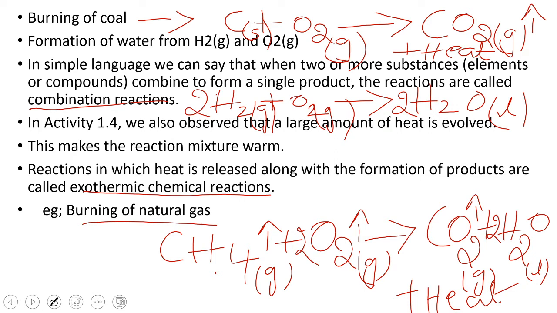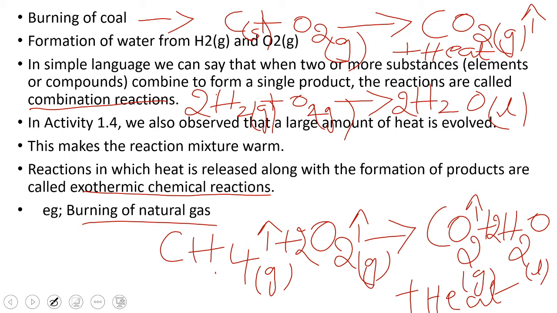So all combination reactions are exothermic reactions, because when two or more compounds, or elements, or molecules are combining to give rise to a single product, some amount of heat energy is liberated.